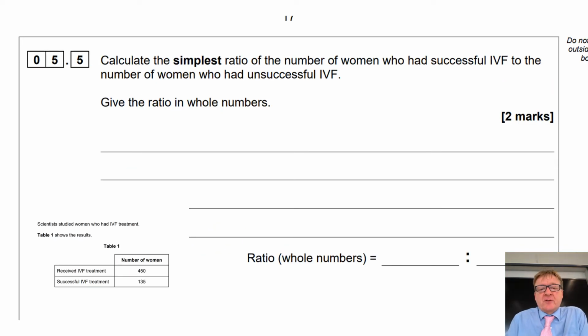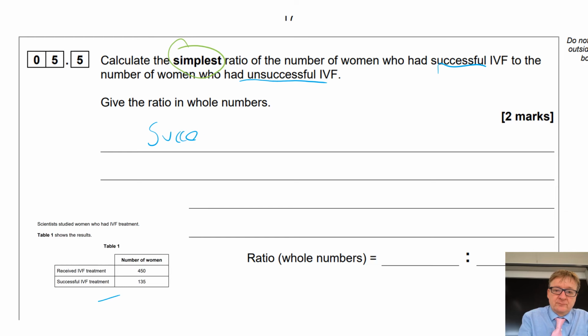5.5. Calculate the simplest ratio of the number of women who have successful IVF to the number of women who have unsuccessful IVF. So we're looking at successful against unsuccessful. If you look at the table, we need to do a table with successful and unsuccessful.